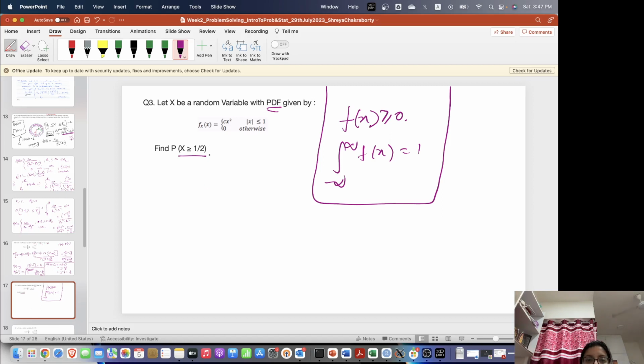So how will we do this? If we break this up, mod x less than equal to 1 means the density function is something like this: cx square when minus 1 less than equal to x less than equal to 1, and 0 otherwise. This is my PDF written in a simplified form.